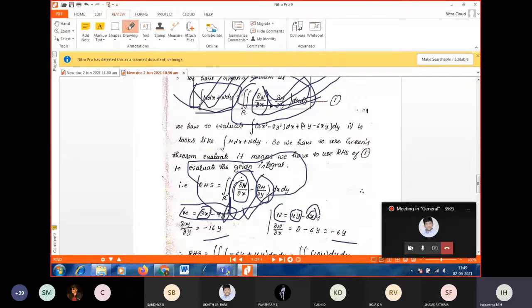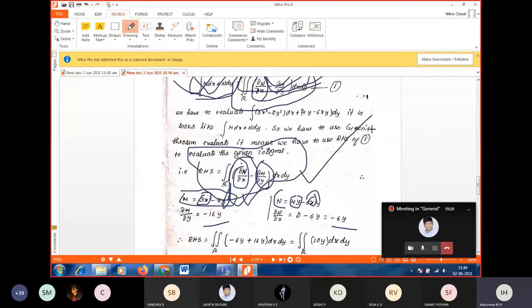Now substitute in the RHS. RHS is equal to the double integral over the region R. What is dou n by dou x? Minus 6y. Minus 6y minus, here we have a minus sign, what is dou m by dou y?